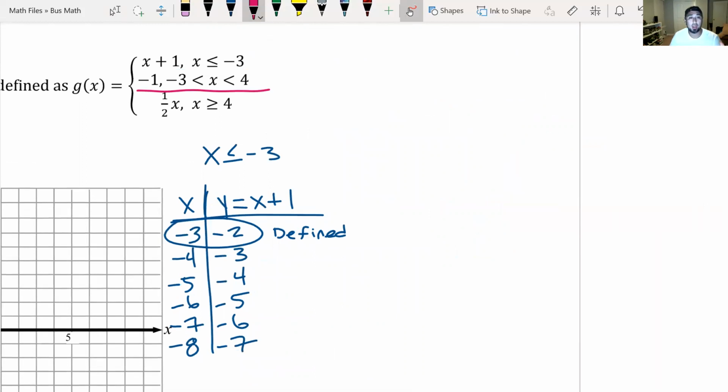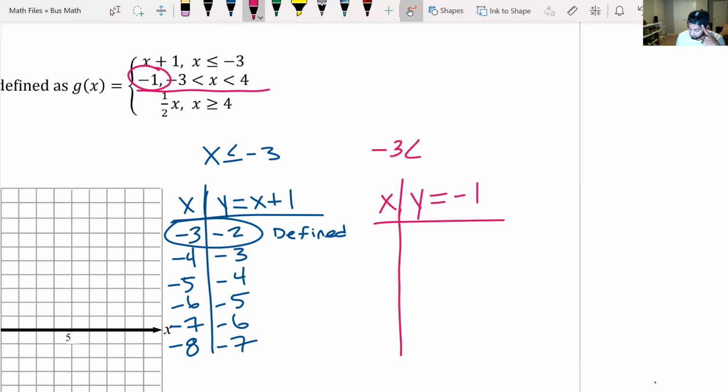This one says, for values of X between -3 and 4, the output will be -1. So let's make our XY chart. We're going to have X and Y equal to -1. And I'll put the restriction above it. We can only use values of X between -3 and 4. So this one is giving us the values to choose.